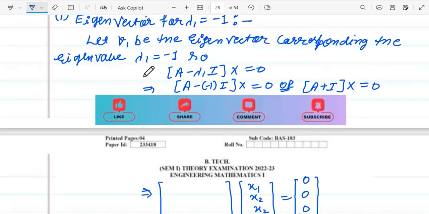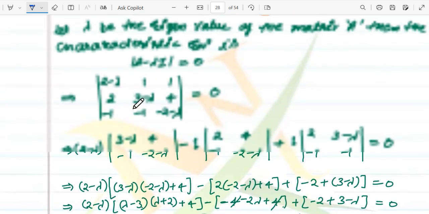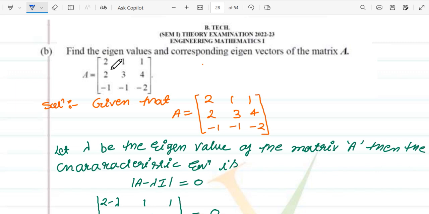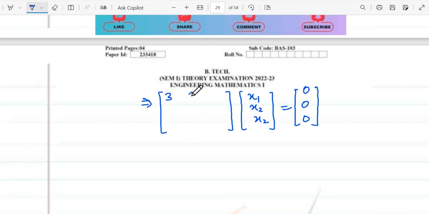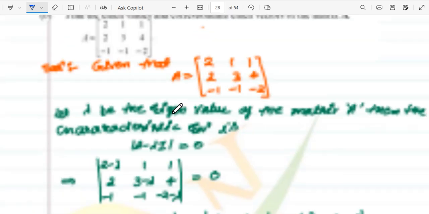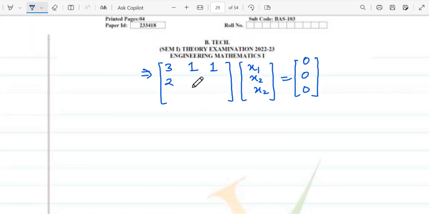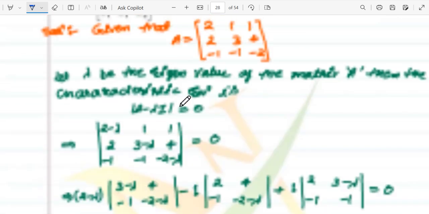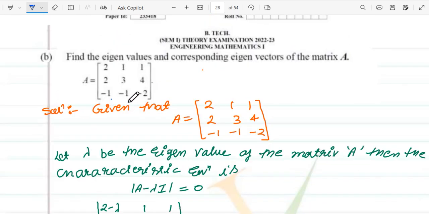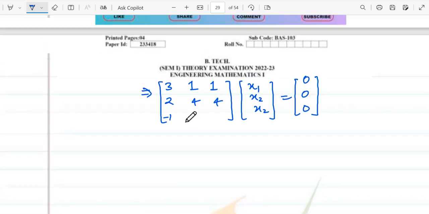A plus I, that is 3 1 1, 3 1 1, 3 1 1, 2 4 4, 2 4 4, minus 1 and minus 1, minus 1 and minus 1.